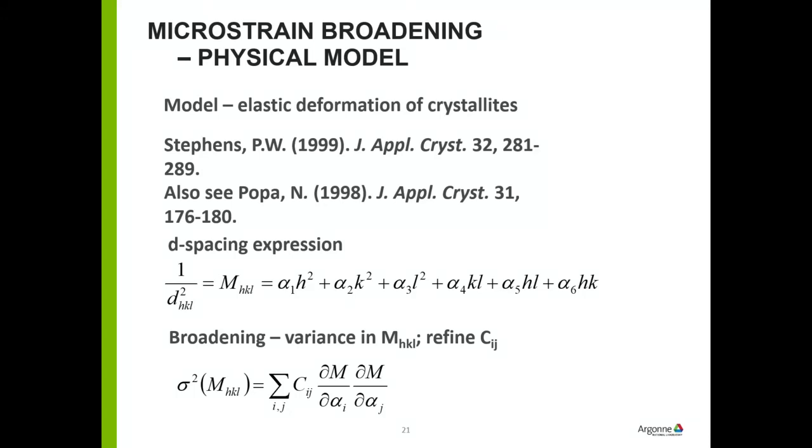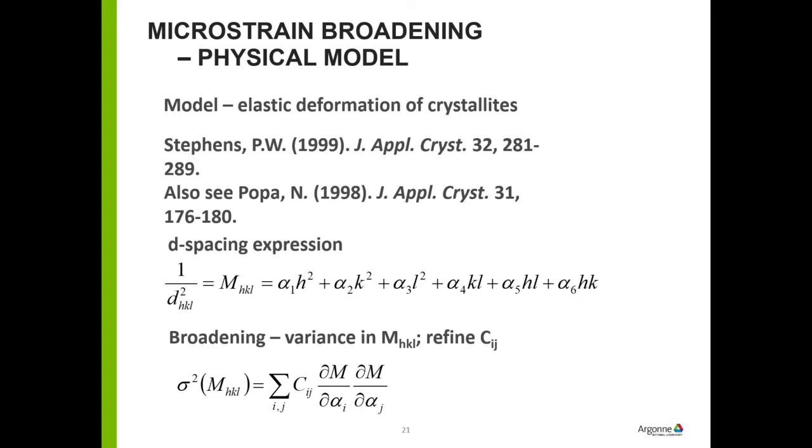It depended on what the elastic coefficients of this material are, which are dictated by the symmetry of the material. Peter Stephens and Nicolae Popa basically came up with the same idea, Popa first and then Peter Stephens. Everybody calls it the Stephens model, but it really should be called the Popa-Stephens model, but never mind.